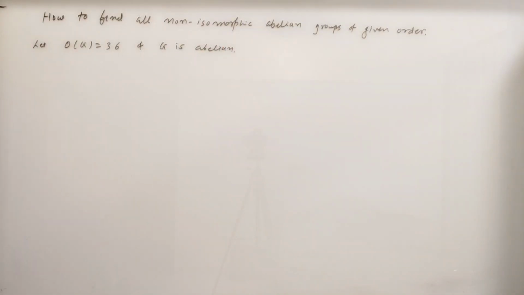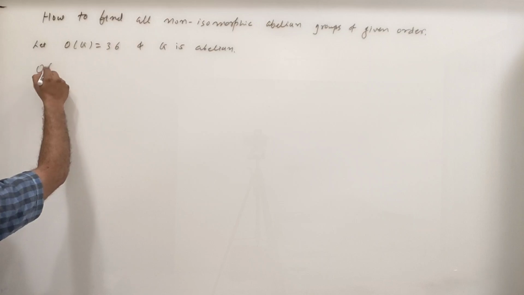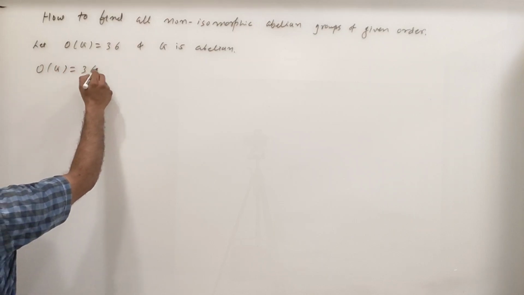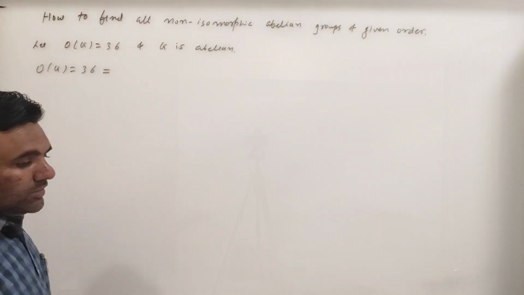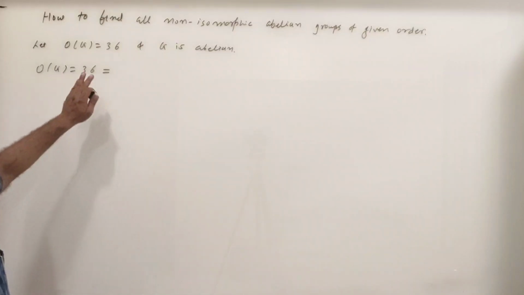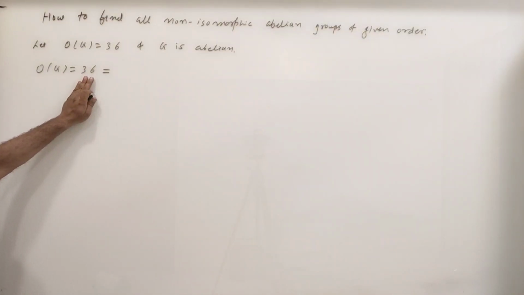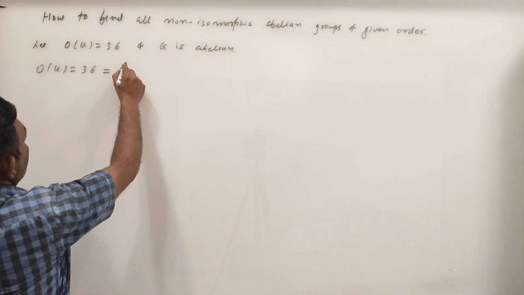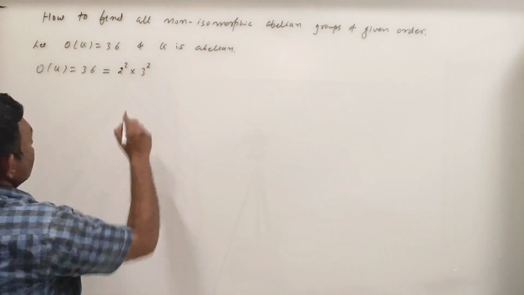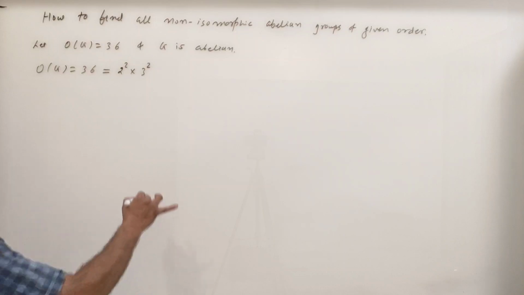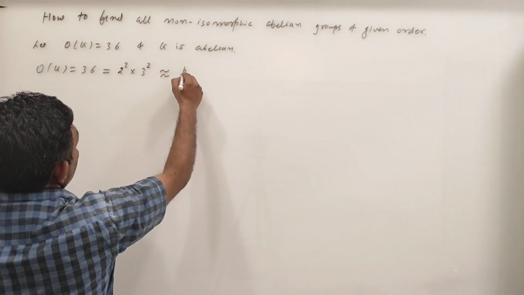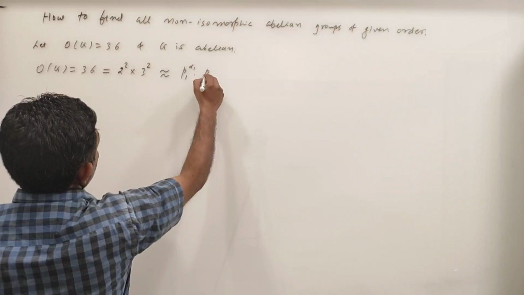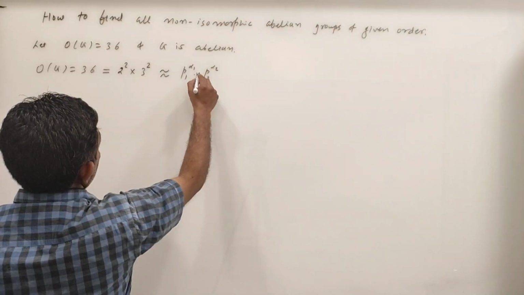So first of all, order of G is 36, so you just first find out the prime factorization of that order. So it is 2 square, that is 4, into 3 square, that is 9. So you just compare it with p1 raised to alpha 1 into p2 raised to alpha 2.